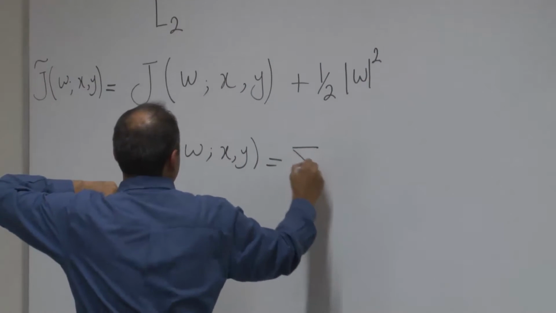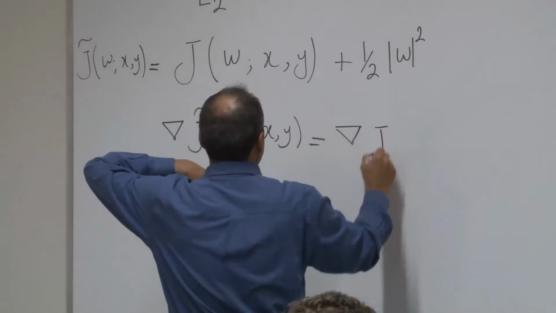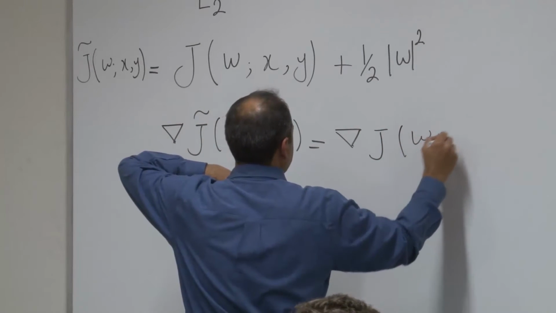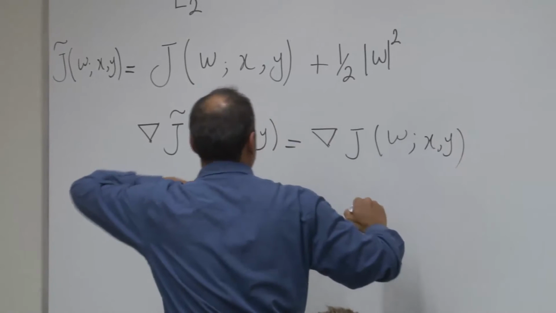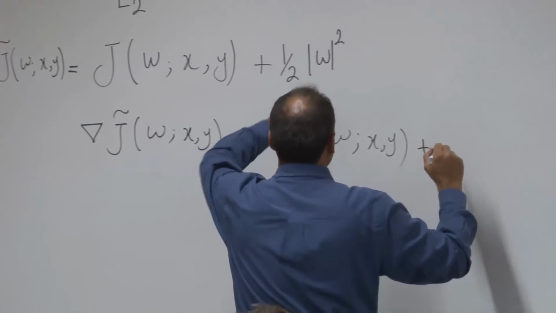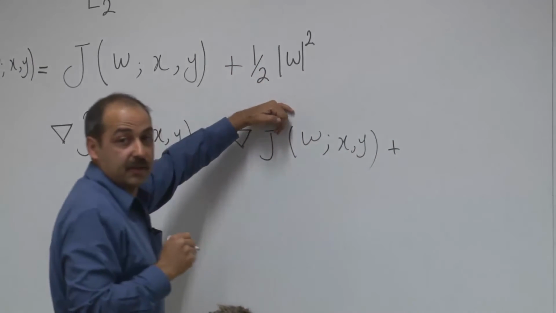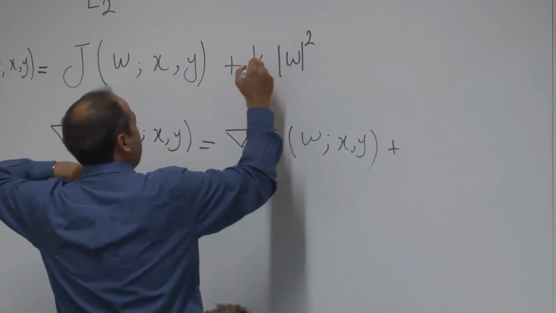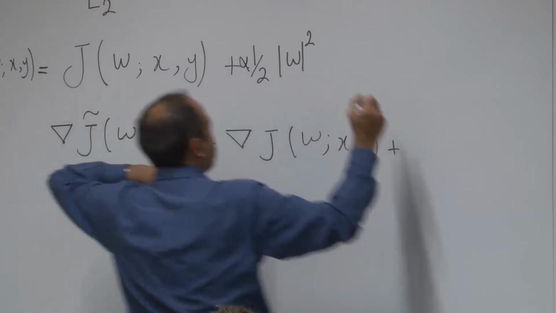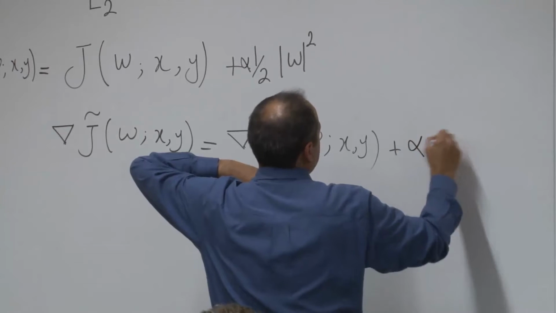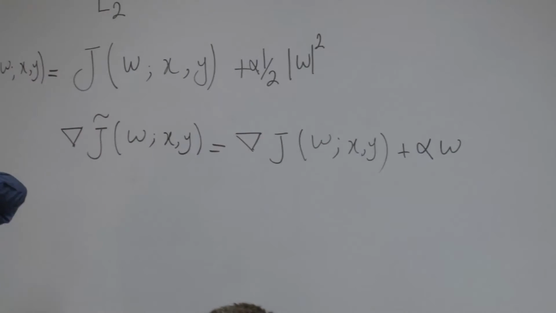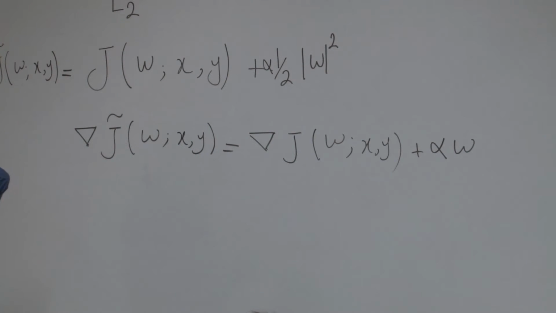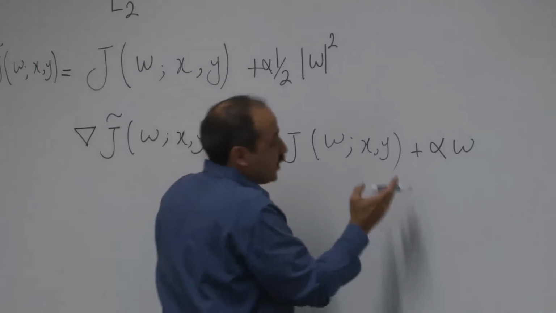It would be the derivative of J plus the derivative of this L2 norm, and usually I have a coefficient here, alpha W. So I'm going to minimize this.